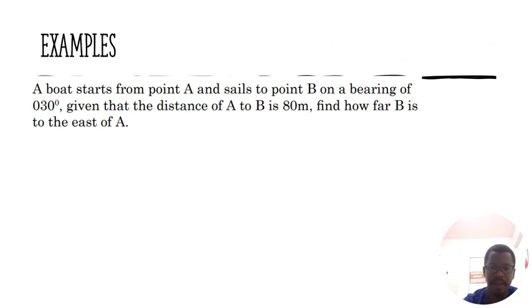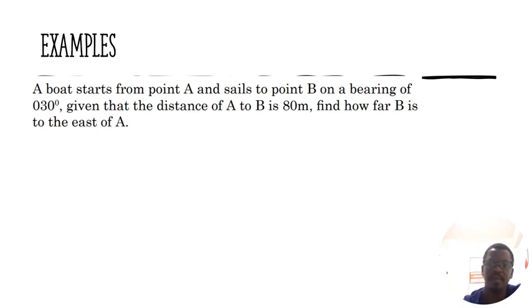Let's have an example. A boat starts from point A and sails to point B on a bearing of 30 degrees. Given that the distance from A to B is 80 meters, how far is B to the east of A?